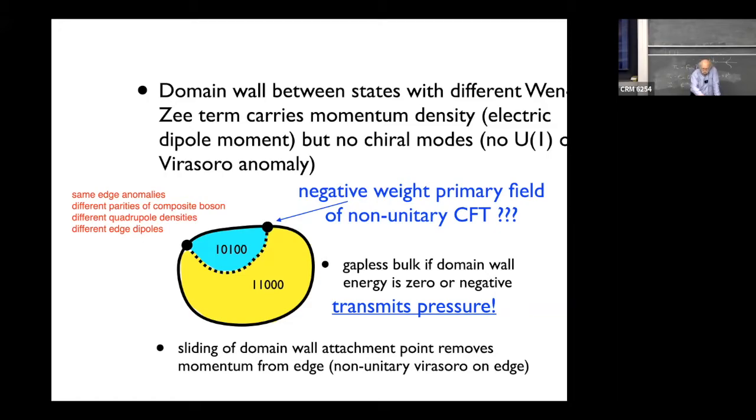Well, it has to be the field that represents the point of attachment of the domain wall between the two different states. So these two states have exactly the same edge anomalies, the same C and the same quantum Hall. So there's no chiral edge modes on this dotted line. All we have on the dotted line is a momentum per unit length or a dipole moment per unit length because of the discontinuity in the quadrupole moment.